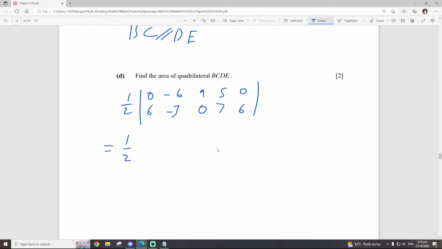We get half, there's a lot of zeros, so we get 63 plus 30 plus 36 plus 27. Wow, everything's plus. 78.